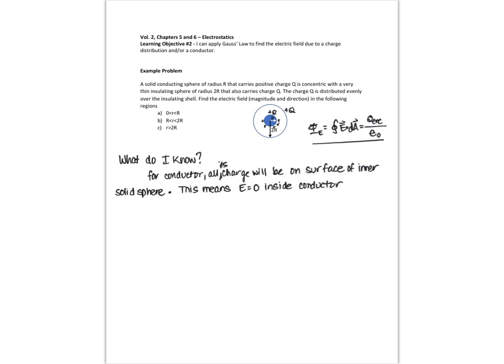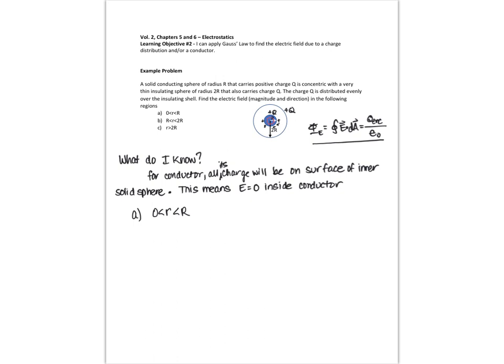So if I'm looking at the surface at the range A, somewhere within the radius of the conducting sphere, somewhere in the blue, I would draw my Gaussian surface, and I'm going to do it with red here. I know it's getting small, but we're going to try to use it there.